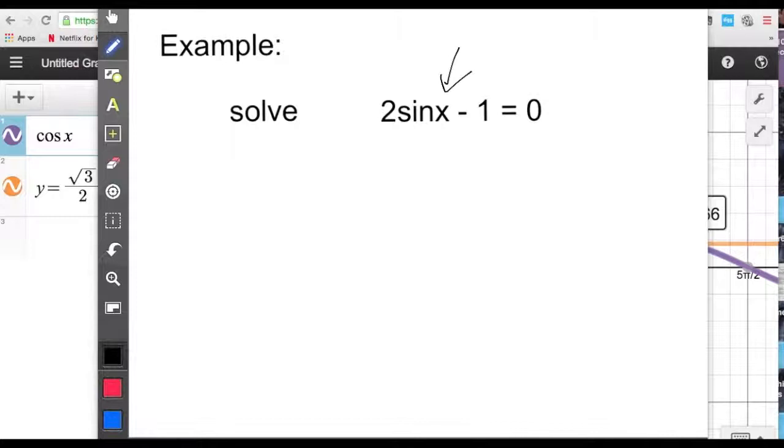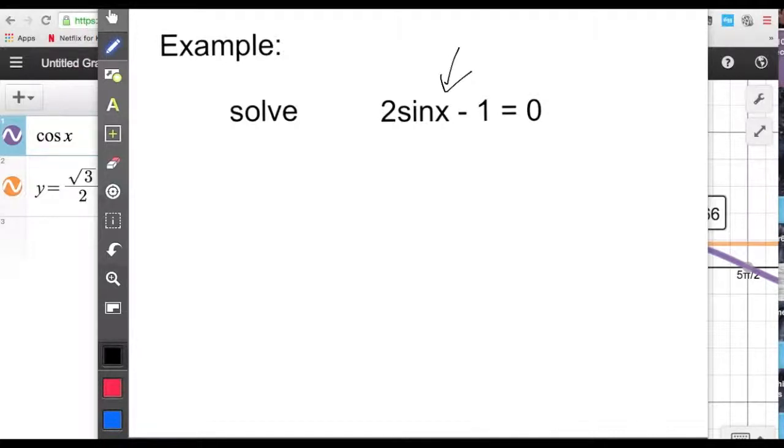Instead of isolating for 0, what we do in trigonometric equations is isolate so that it's sine x or cos x or cosecant x all by itself and then equals some number. Because if it equals some number, then we can apply what we did on the last one. Maybe it's a half, or maybe it's root 3 over 2, and we can find those using our circles.